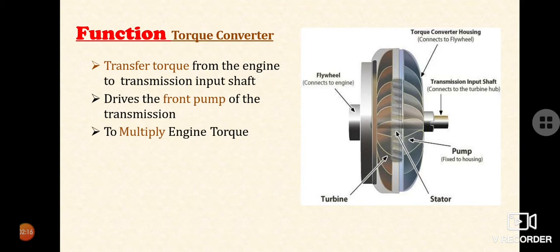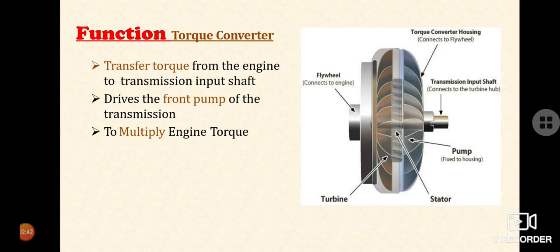Generally, its functions are to transfer torque from engine to transmission input shaft, to drive the front pump of the transmission, and to multiply the engine torque. The main functions we discussed, I will tell in an elaborated manner. It transfers the power from the engine to the transmission input shaft.